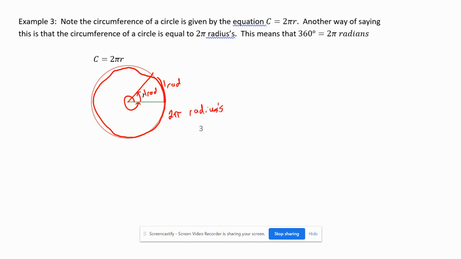So what we're getting at is that 360 degrees all the way around the circle is equal to 2 pi radians. This is the ratio that we're going to use throughout this course. If I divide both sides by 2, we get 180 equals pi radians. This is the simplified version of this ratio.